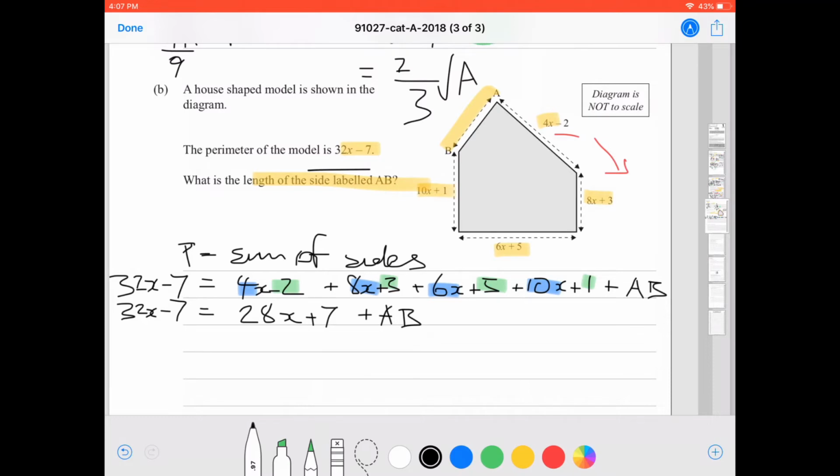Now we can simplify this further. Let's take this 28x plus 7 to the left-hand side. So we go 32x minus 7 minus 28x minus 7 equals AB.